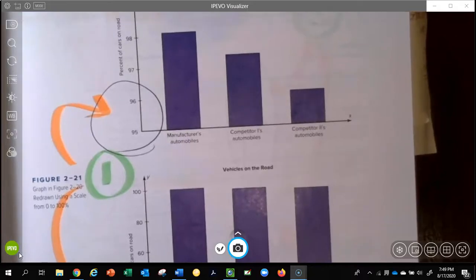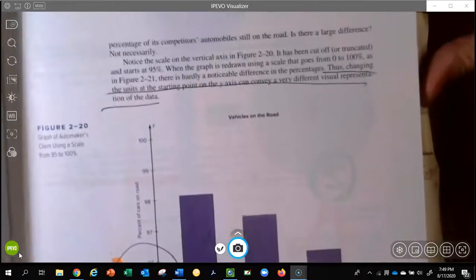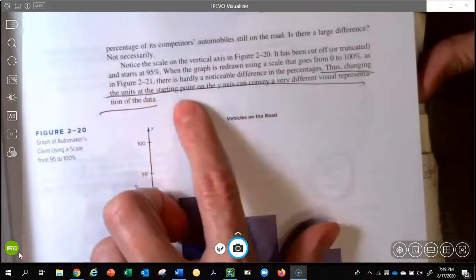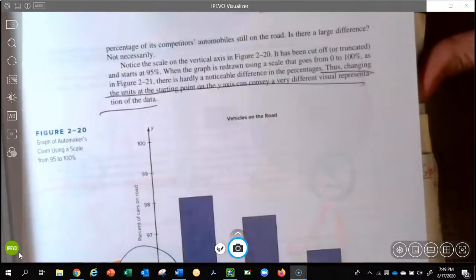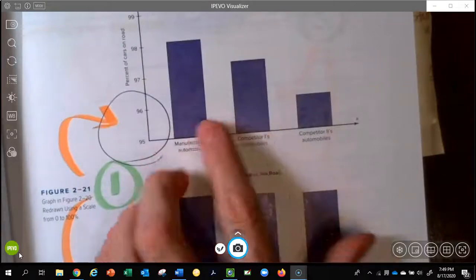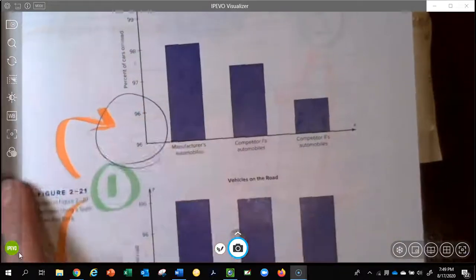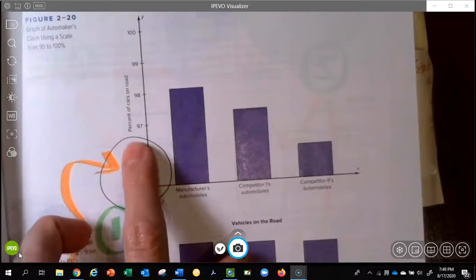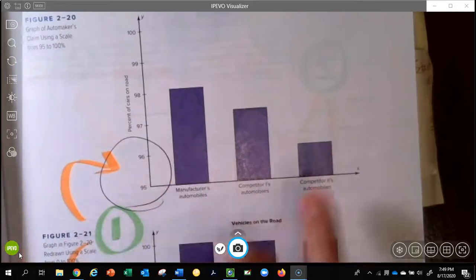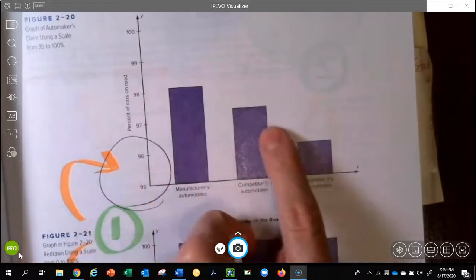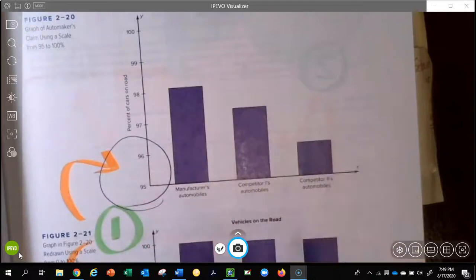So a first way is changing the units at the starting point on the y-axis. So I jot that down, and then I would notice right here, this y-axis is 95, 96, where it starts, and you see the graph. And it looks like there is a distinction. It is going down.